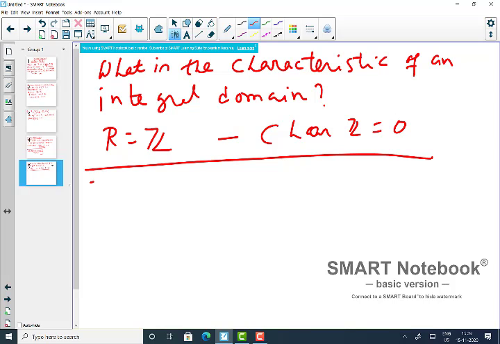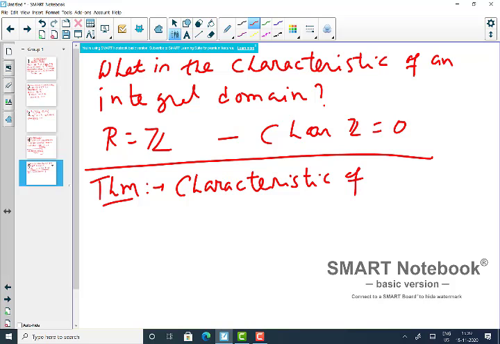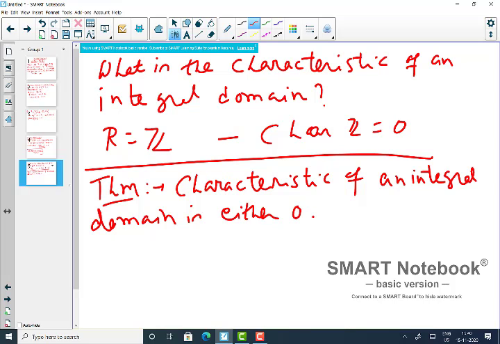And the theorem is that the characteristic of an integral domain is either 0 or prime, or some p is a prime number.